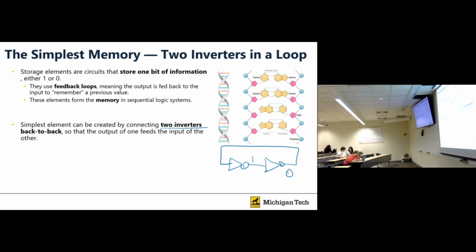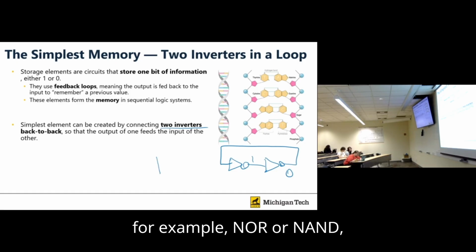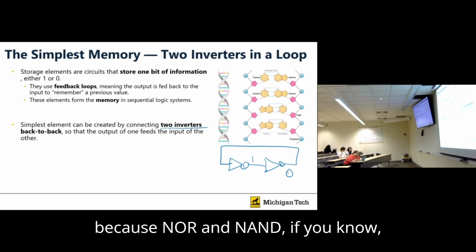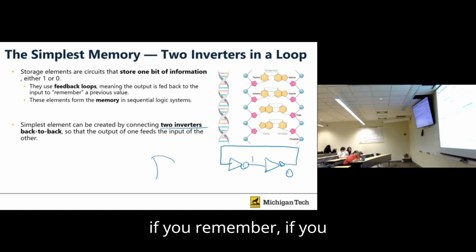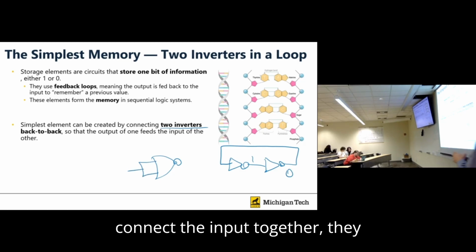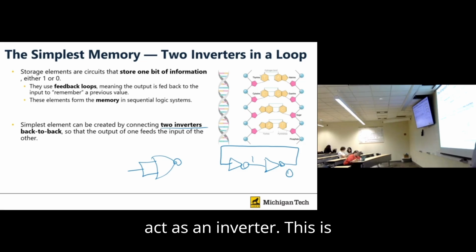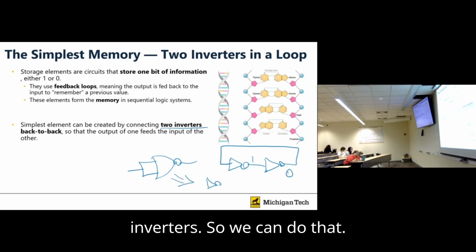They said instead of having, for example, inverters, what about we use NOR or NAND? Because if you remember, if you connect the inputs of NOR and NAND together, they act as an inverter, same as just an inverter.